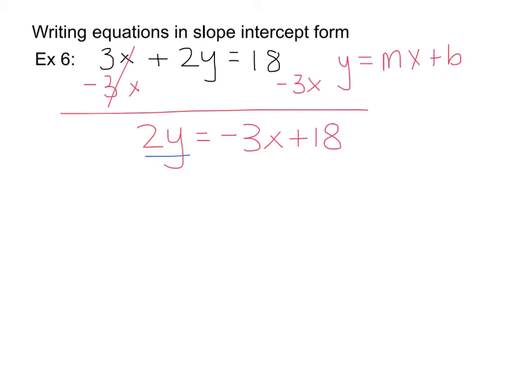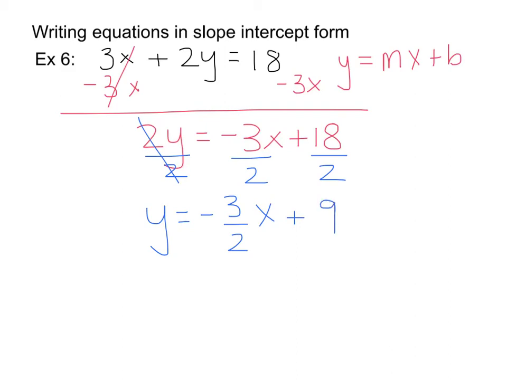Now I need to get rid of my 2, and this is where a lot of you guys make a mistake. You have to divide everything by 2. So that gives me y equals negative 3/2 x, and then 18 divided by 2 gives you positive 9. Okay, from this equation, I want you to tell me what the slope is and what the y-intercept is.